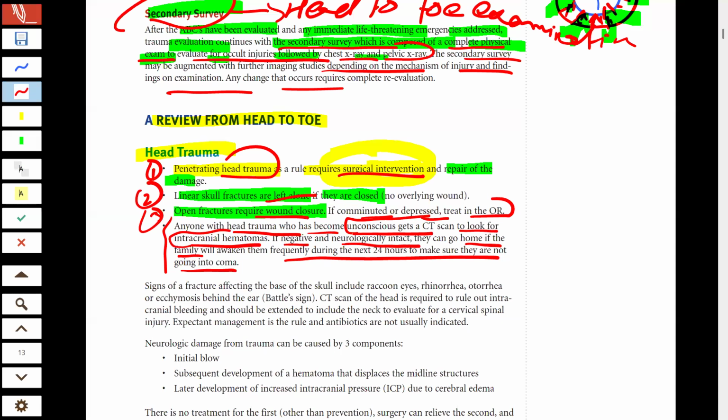If the CT scan is negative and the patient is neurologically intact, they can go home, and the family should awaken them frequently during the next 24 hours to make sure they are not going into a coma.